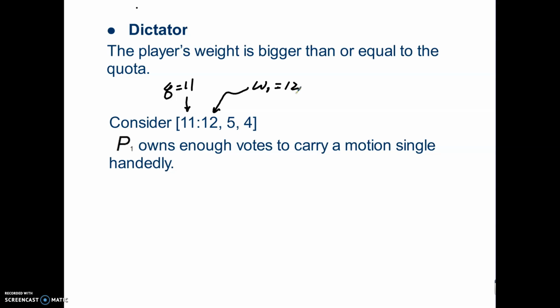If he says yes, then the vote passes. If he says no, then the vote fails. Since there are only 11 votes needed to pass, and player 1 owns enough to carry that motion, we call that a dictator situation.